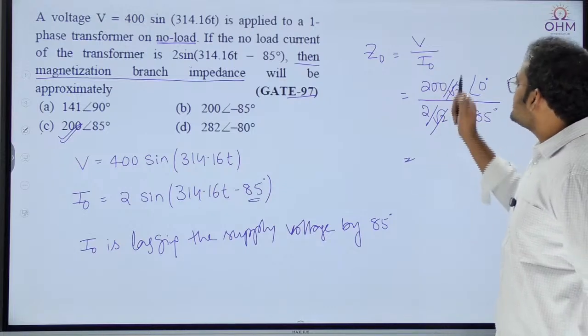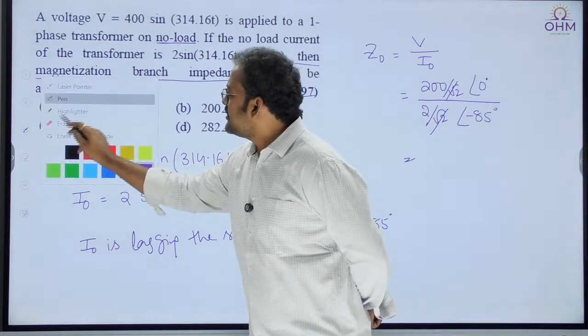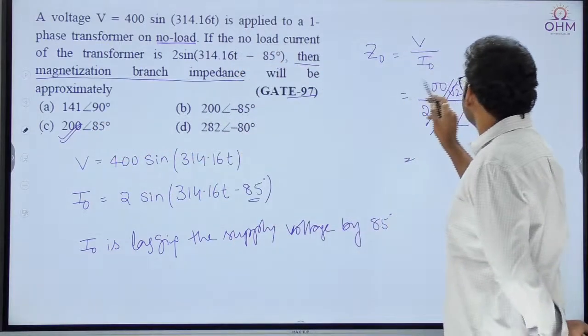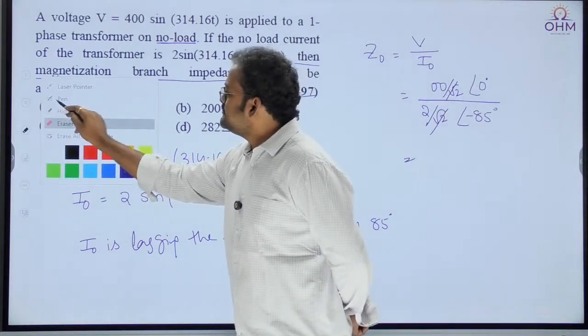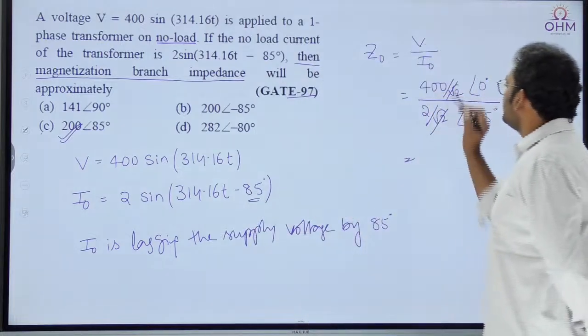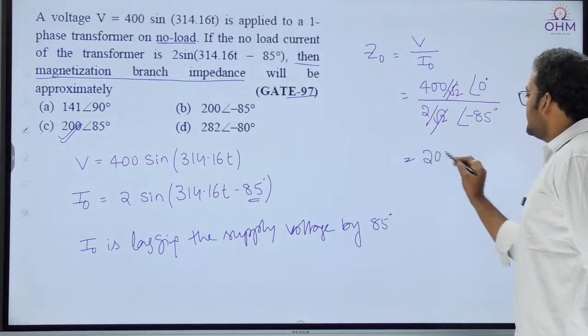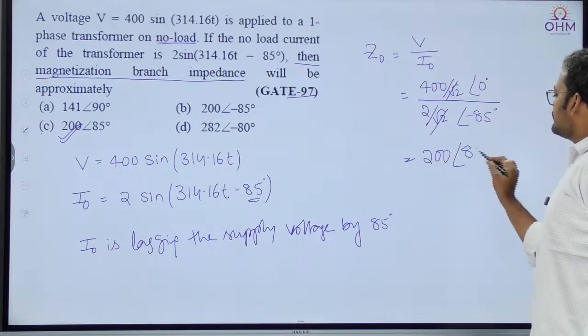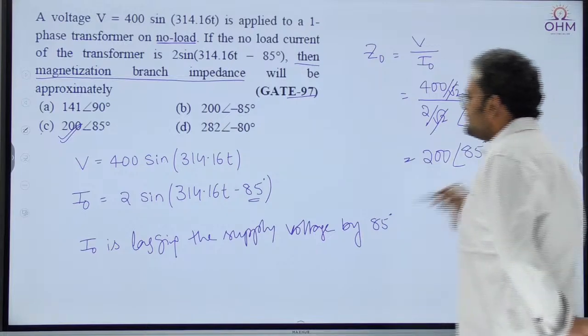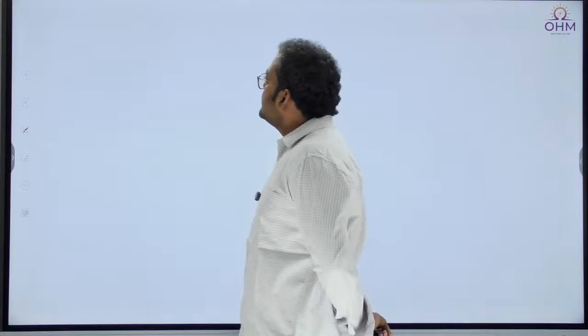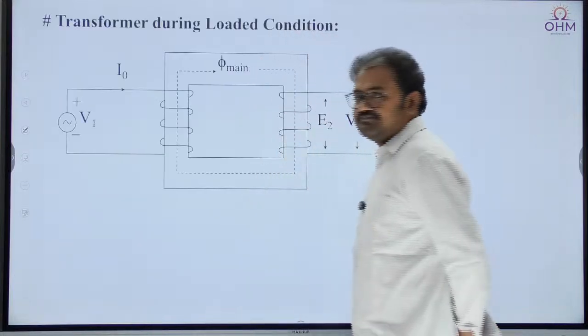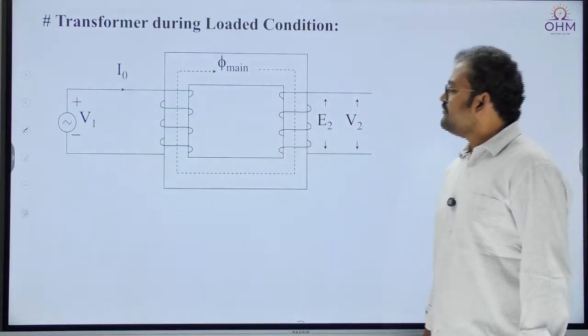I think this is not 200. This is 400, guys. Voltage was 400. This was 400 by root 2, and 2 by root 2. So the answer is 200 at an angle minus 85 goes to the numerator, plus 85. Fine. That is about no load condition.